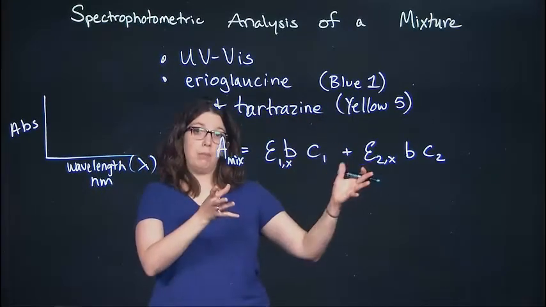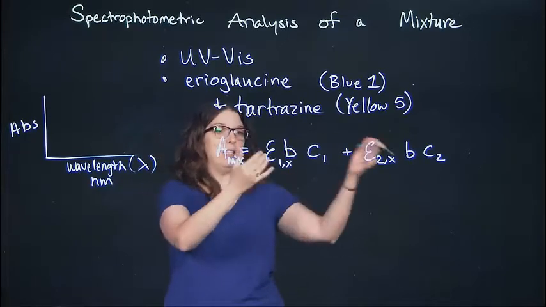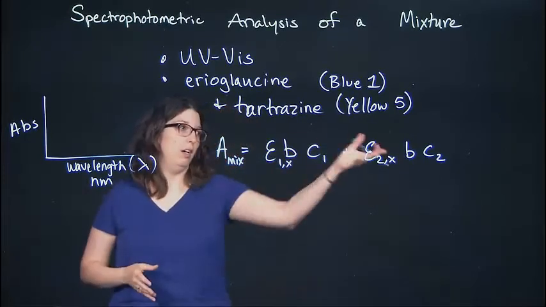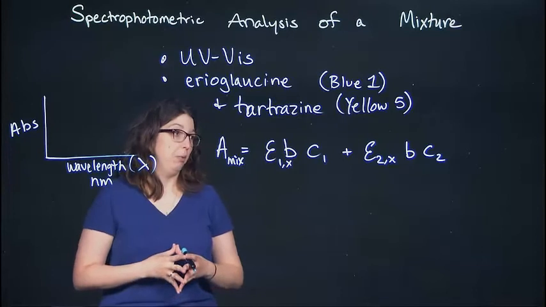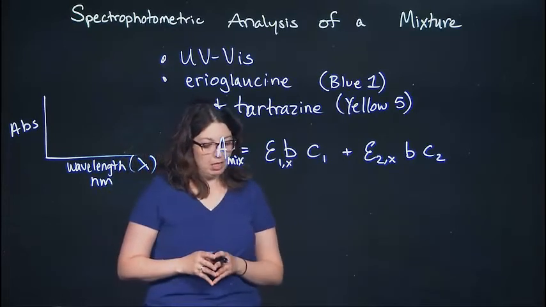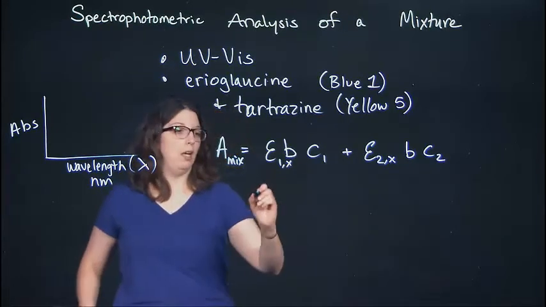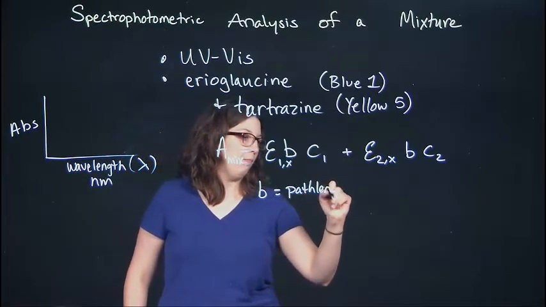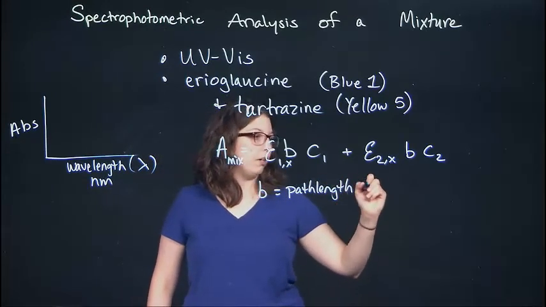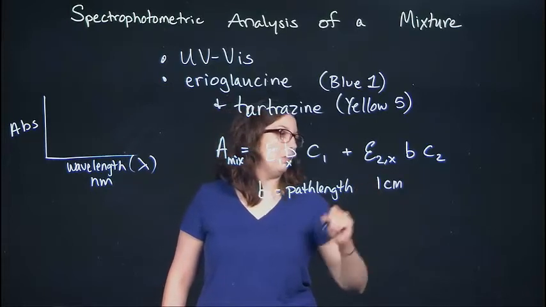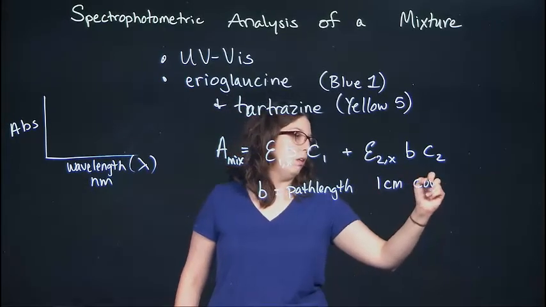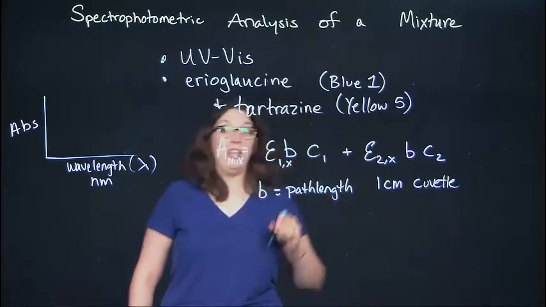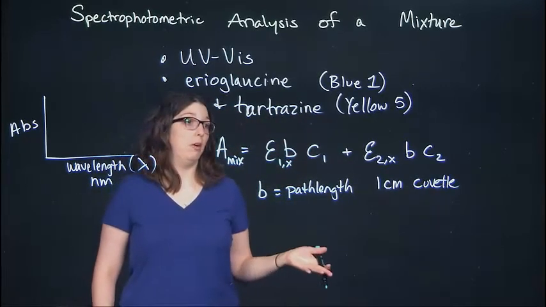So the absorbance is equal to the sum of the absorbances of its components. Again, b is the path length, and for our experiments we're going to be using a 1 centimeter cuvette. So the path length is going to be equal to 1 centimeter.